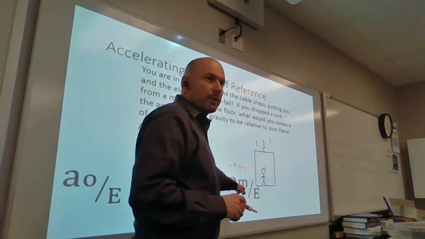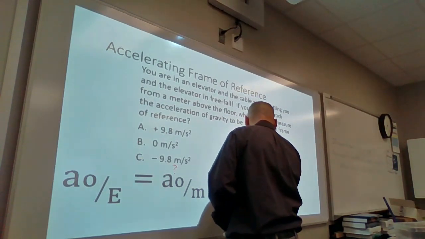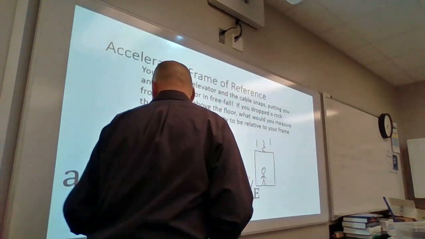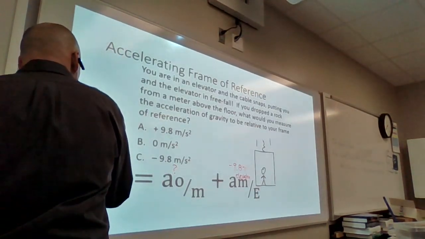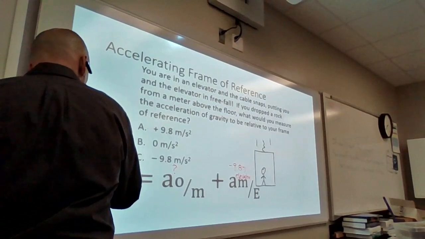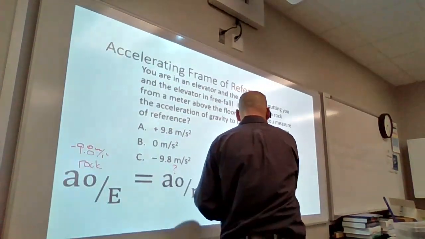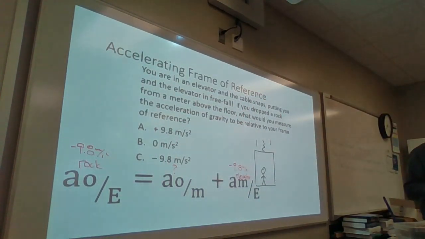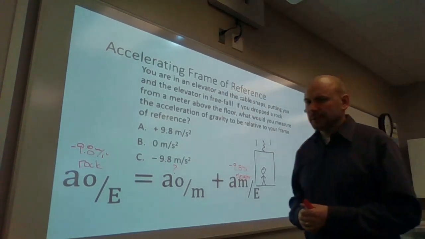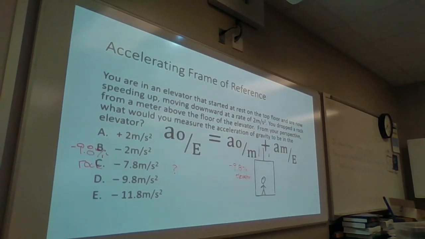Okay, the elevator is falling. Okay, the object relative to Earth. This is also negative 9.8. This is the rock. Does that make sense? Okay, I'm just trying to show you, like you can probably intuitively do it, but in case that's a struggle, that's how you do the math.